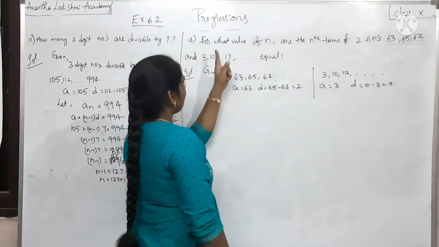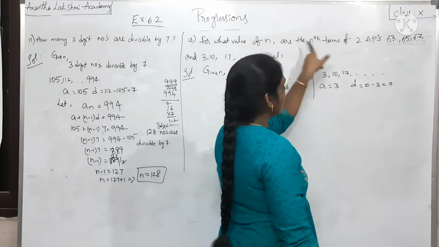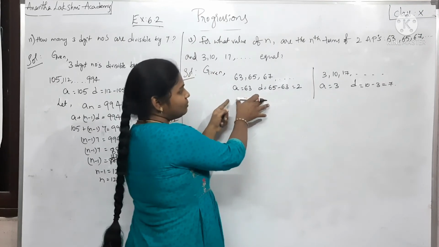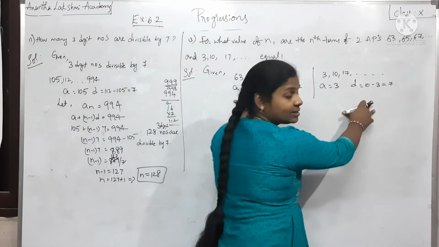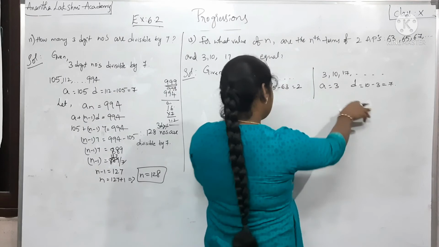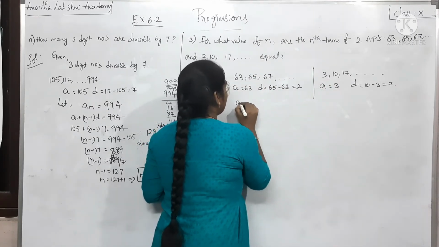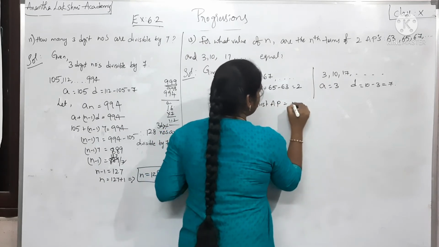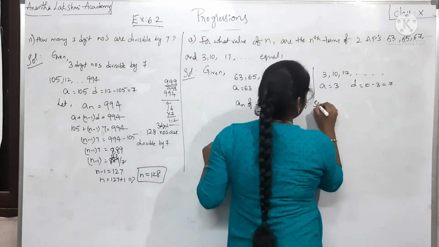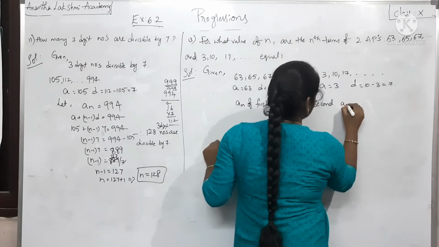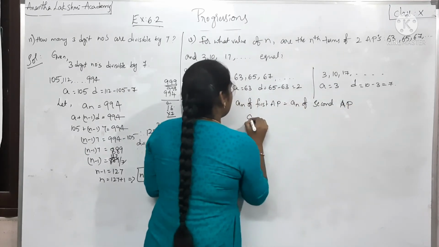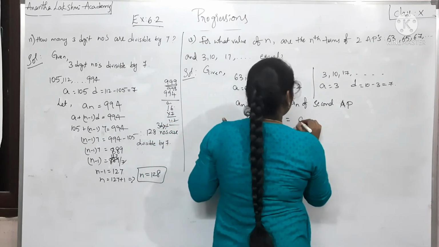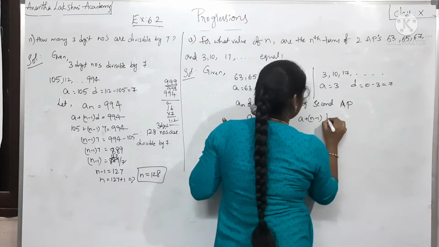Now, for what value of n are the nth terms equal, meaning the nth term of this series is equal to the nth term of that series. So, an of the first AP is equal to an of the second AP. Meaning a plus n minus 1 into d is equal to a plus n minus 1 into d.